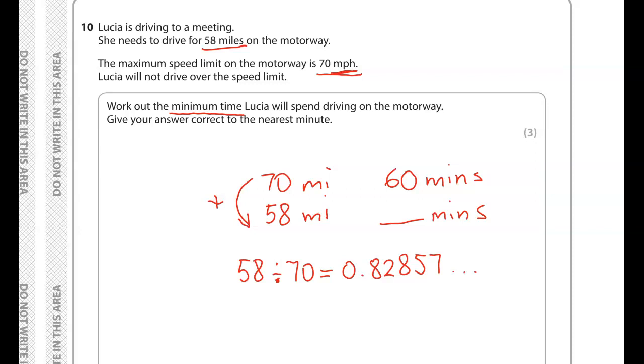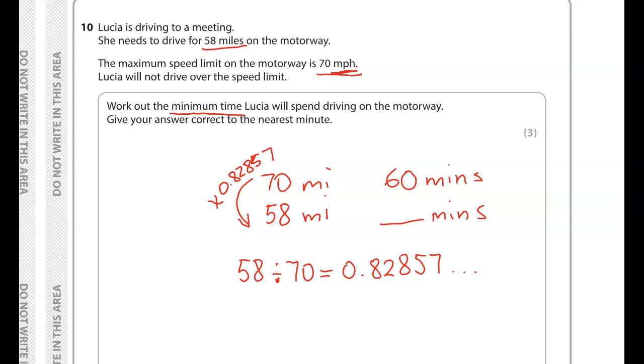So we're going to multiply 70 by 0.82857. I haven't rounded, and it's important to not round too early because it affects the answer at the end.